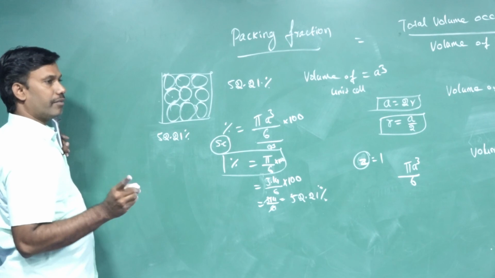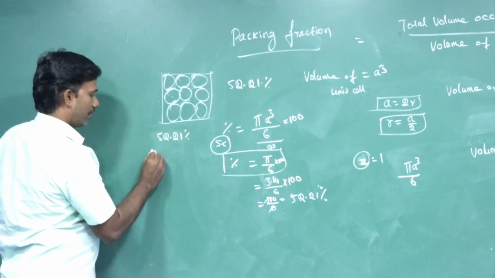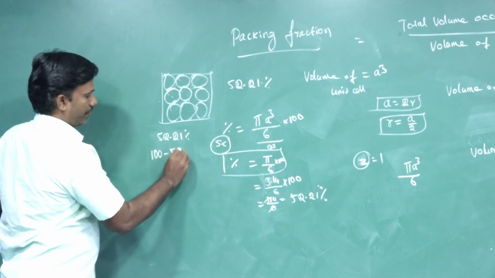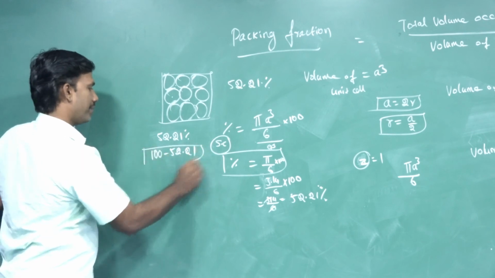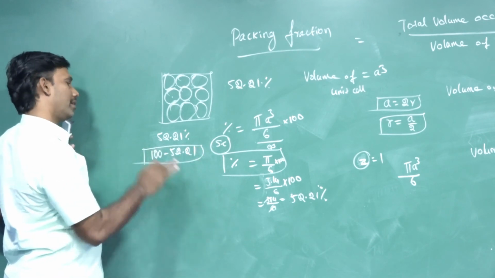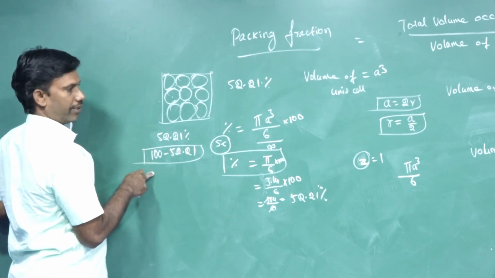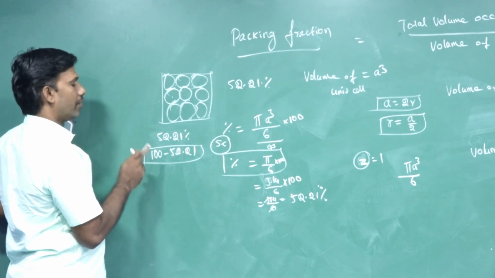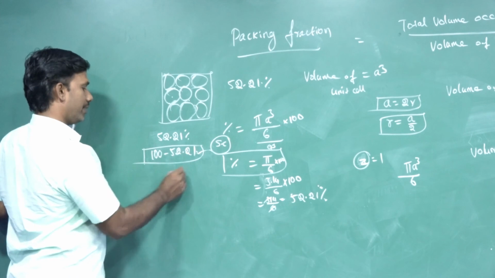We have to be very keen about this. Empty space in a simple cubic means 100 minus 52.36. We have to be very keen about whether they are asking for packing efficiency, the space occupied in a simple cubic, or the empty space. Empty space means 100 minus 52.36% will be the answer.